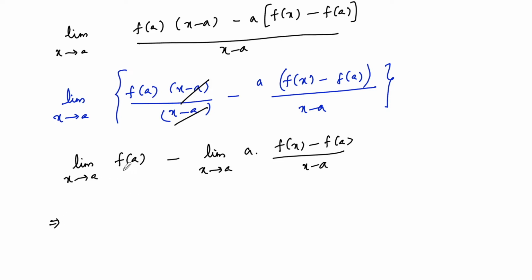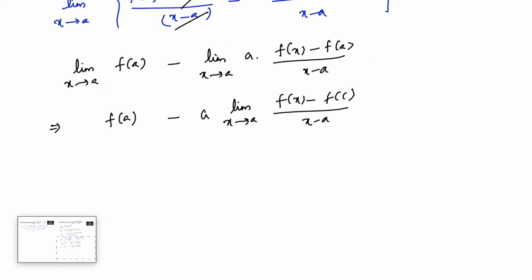Here f of a is independent of x, so it is a constant, so we can write f of a minus, and by using algebra of limits, we can take a separately outside, a into limit x tends to a of f of x minus f of a upon x minus a.